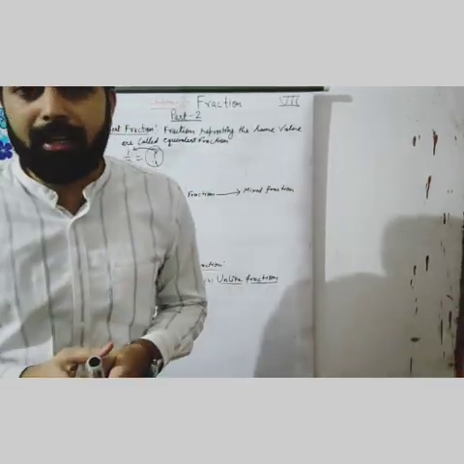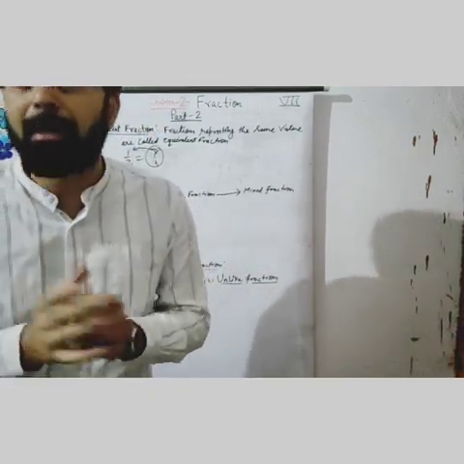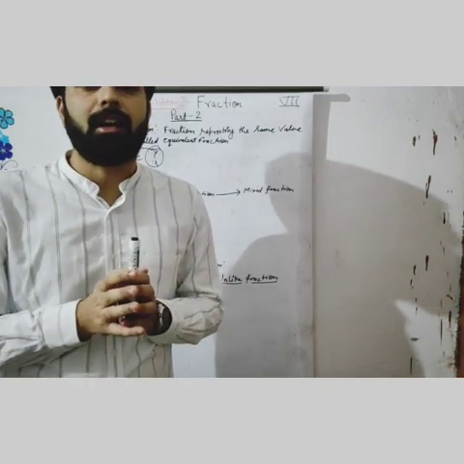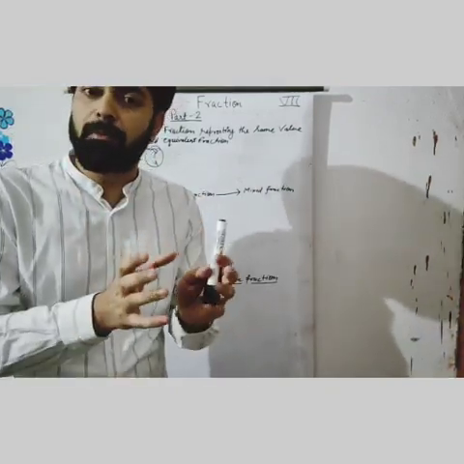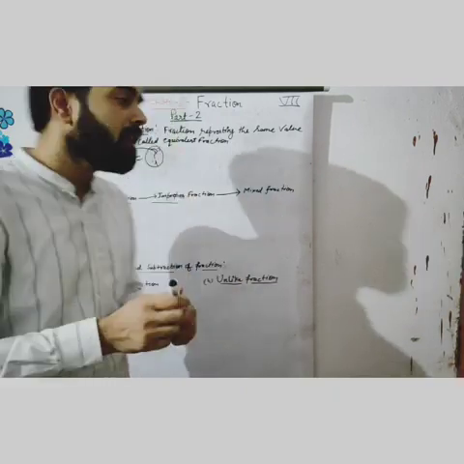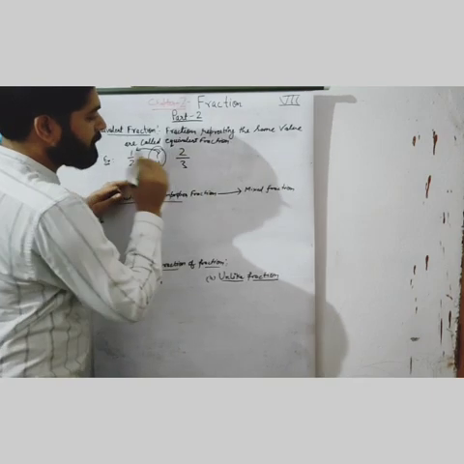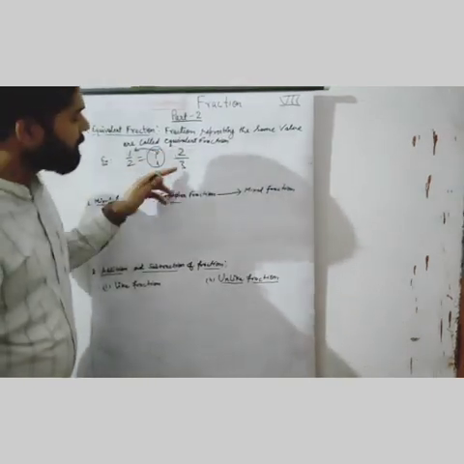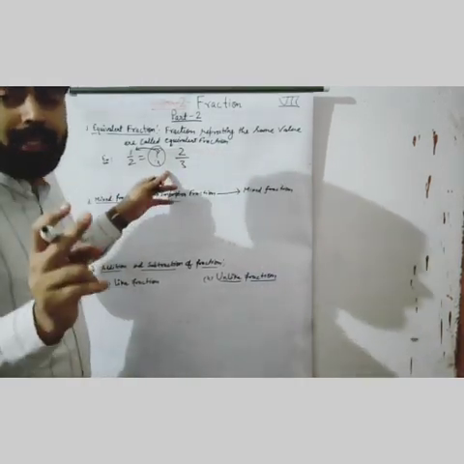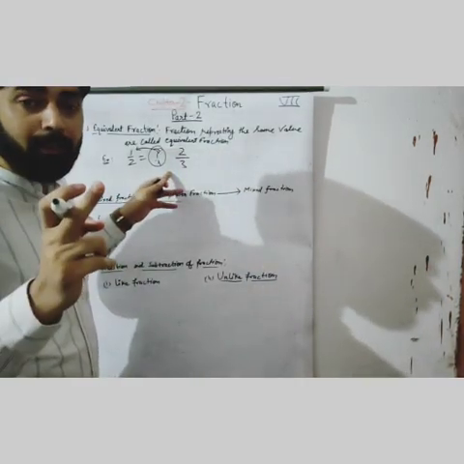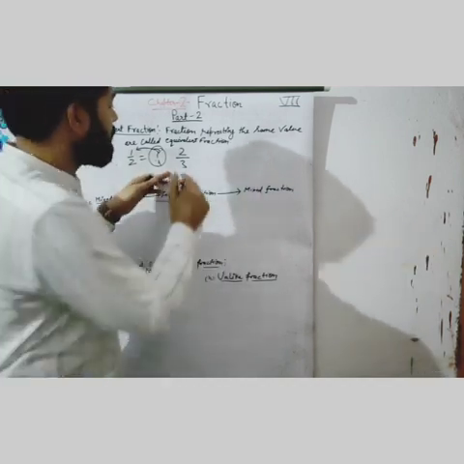And how can we find an equivalent fraction? We find equivalent fractions by multiplying or dividing the numerator and denominator by the same non-zero number. Example: if 2/3 is given, and the question says find the equivalent fraction of 2/3, we multiply or divide with the same number.